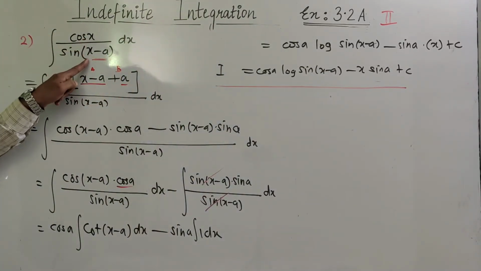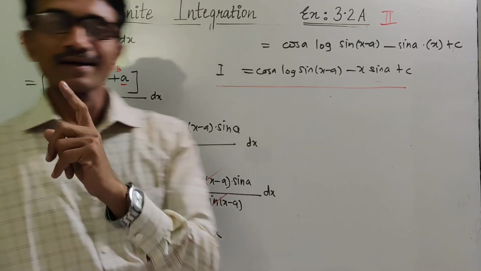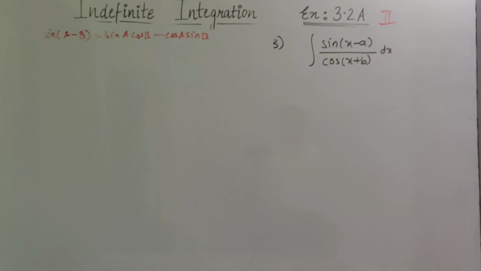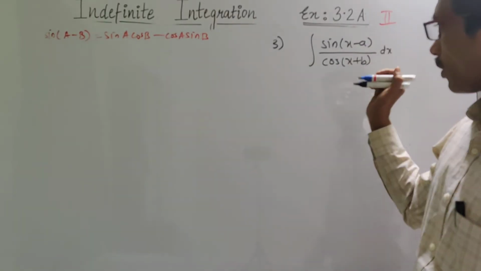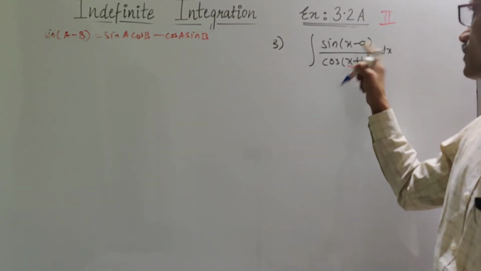So remember that x minus a is the denominator, here x we adjust according to the denominator, and then we use formula for trigonometry. Question number 3, sin of (x minus a) upon cos of (x plus b). So according to the denominator we will adjust the numerator: x plus b is there, here x minus a.